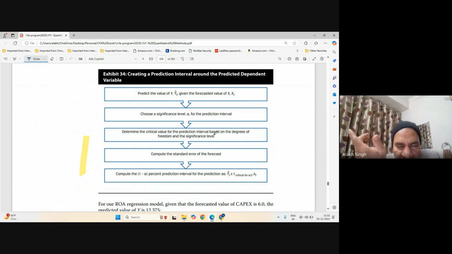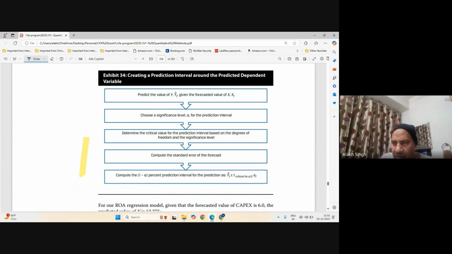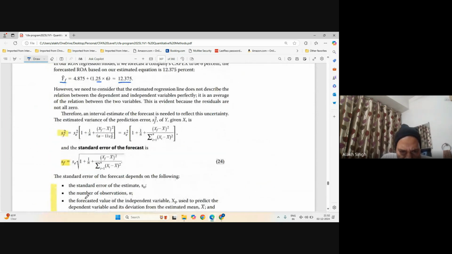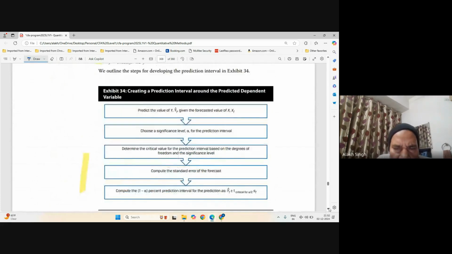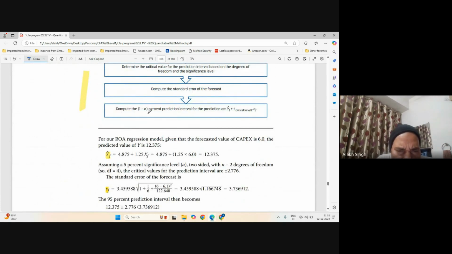If it is 99%, it may go to 2.7. Then compute the standard error of forecast, the same formula that we used, and multiply it by t alpha by 2. Then compute the 1 minus alpha percent prediction interval: y hat plus minus t alpha by 2 times standard error.